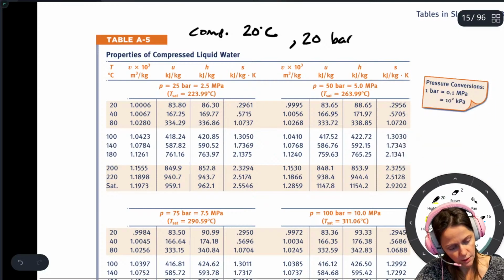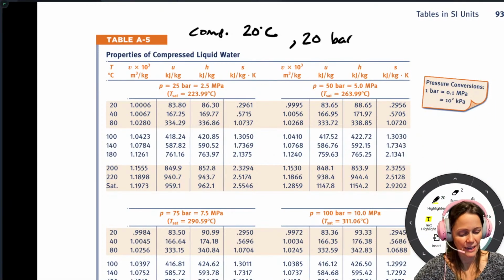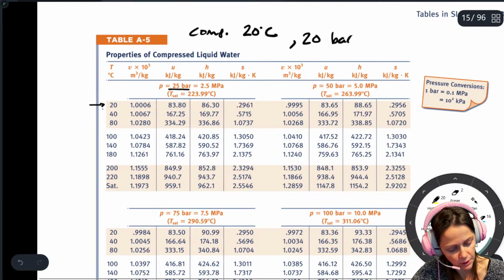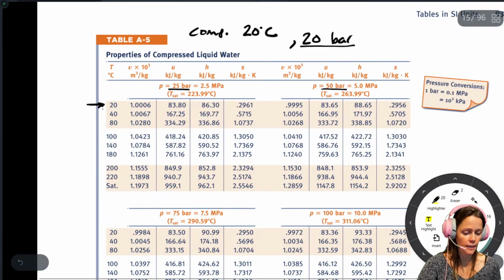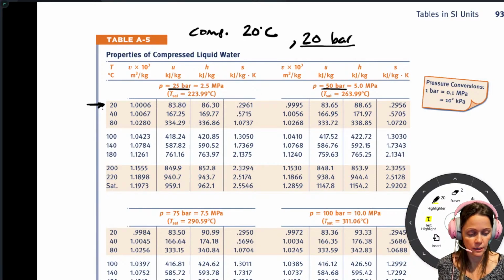Now, normally I just go to the pressure, right? However, I do have data for 20 degrees Celsius and 25 bar, and 20 degrees Celsius and 50 bar, but I need it for 20 bar. And so the way that I'm going to do that is I'm going to extrapolate.